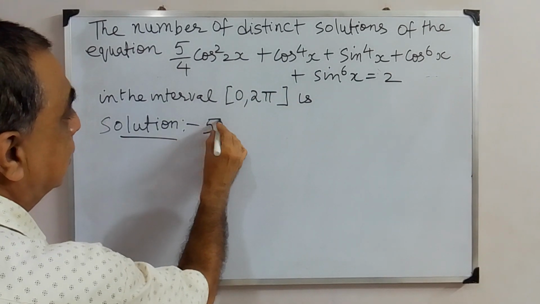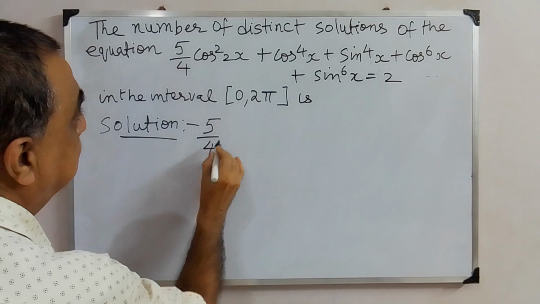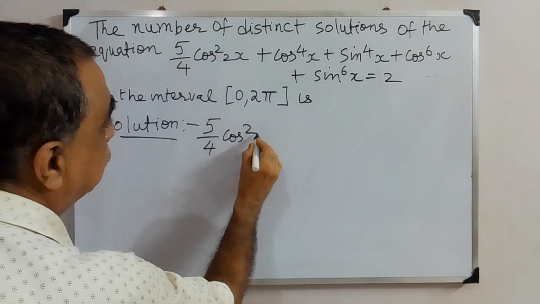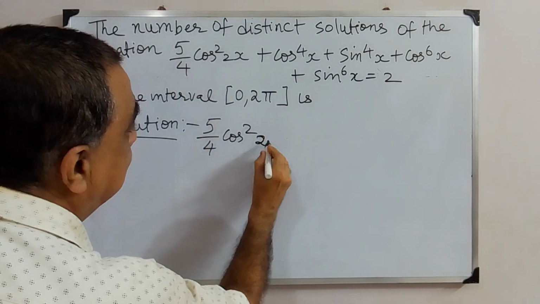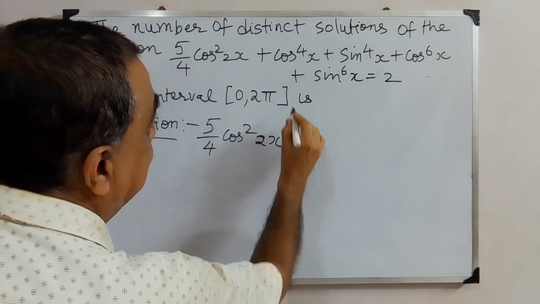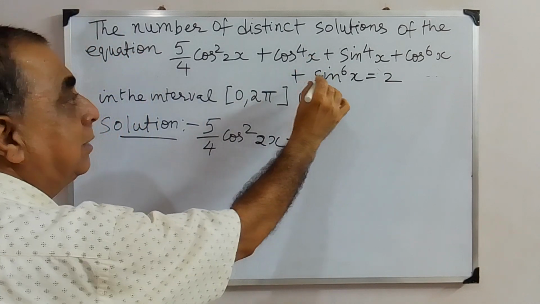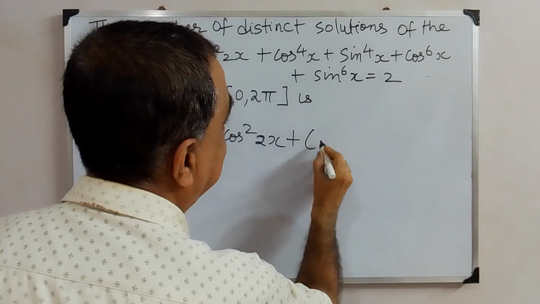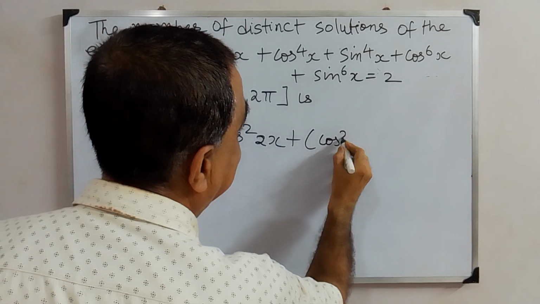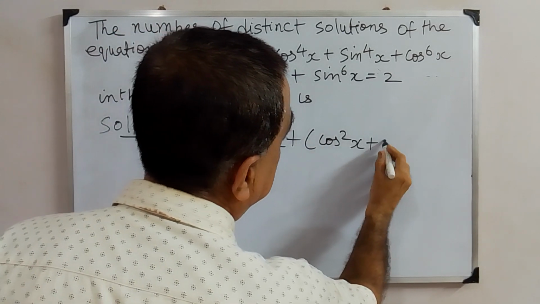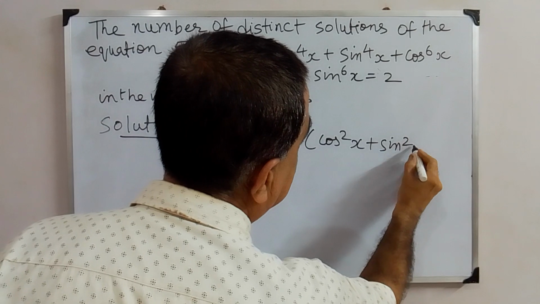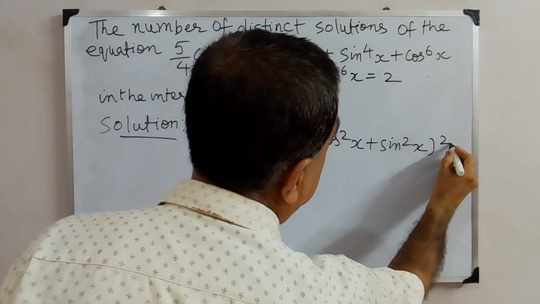The given equation is 5/4 cos squared 2x. Okay, and this cos^4 x + sin^4 x, I am writing as (cos squared x + sin squared x) whole squared.